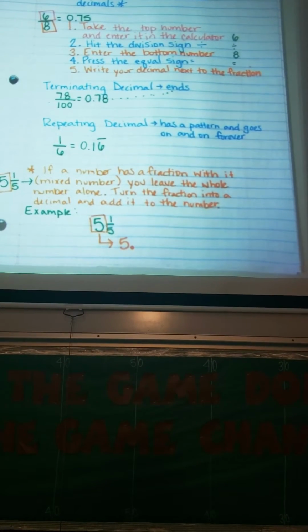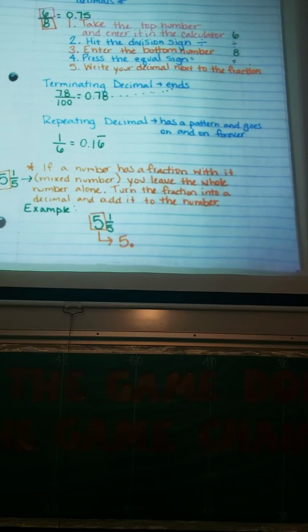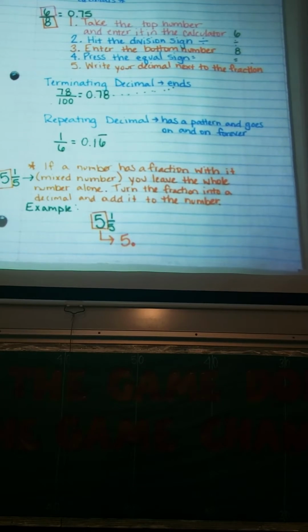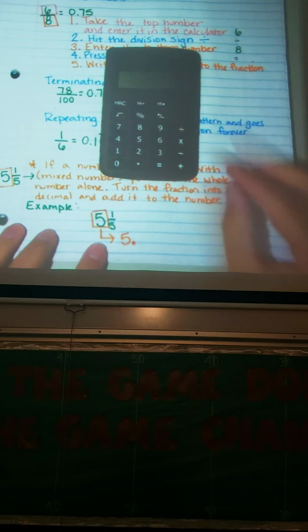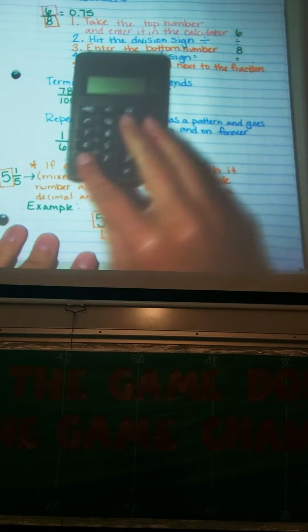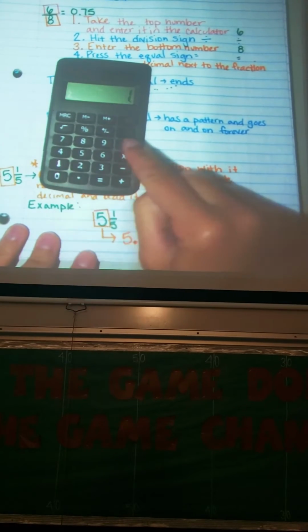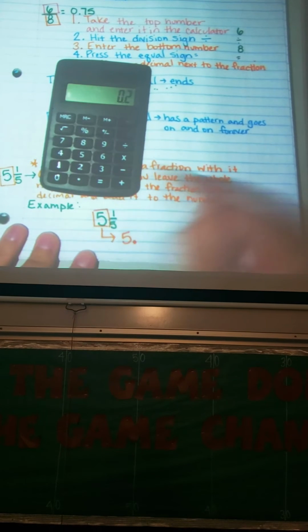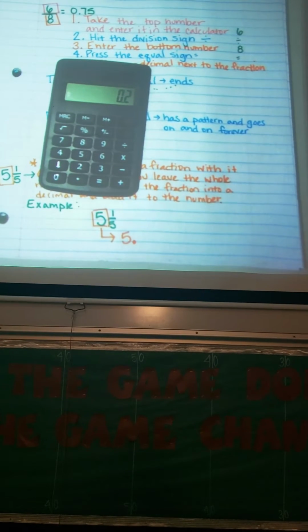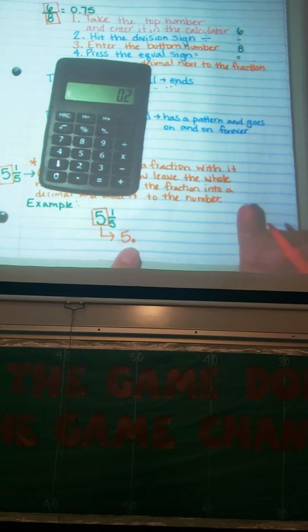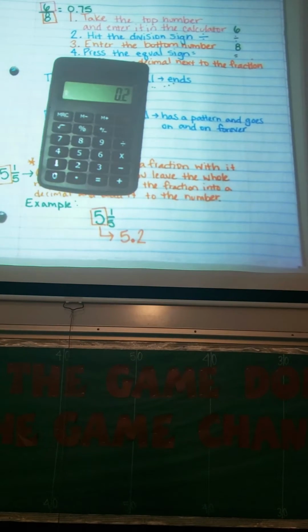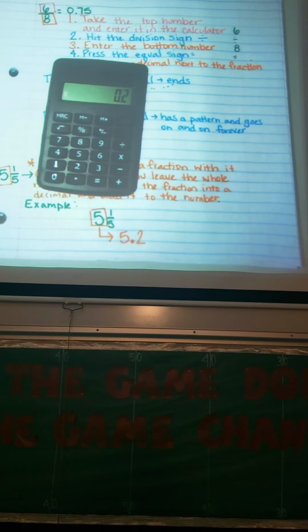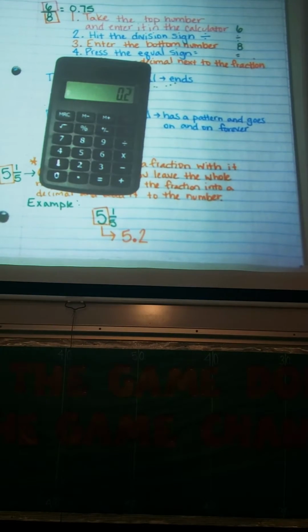Because I know that it is 5 and some part, something. And now I'm going to go back through my steps to turn that fraction into a decimal. So I have 1/5, so I'm just going to do 1 divided by 5 equals, and it's 0.2. So all I do is add in my 0.2. Now you can use that. It's all set up for you to use.